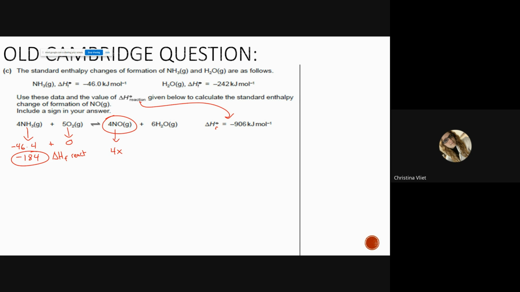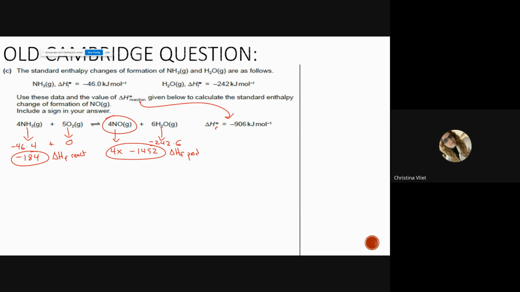What about H2O gas? It's negative 242 times 6, which is negative 1452. So it's 4x minus 1452. This is my delta HF of my products.